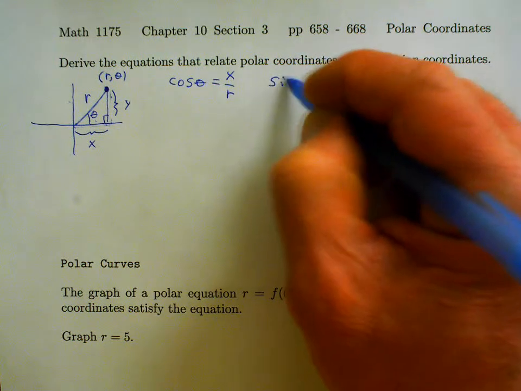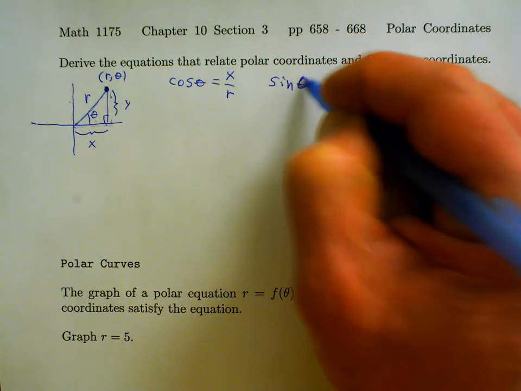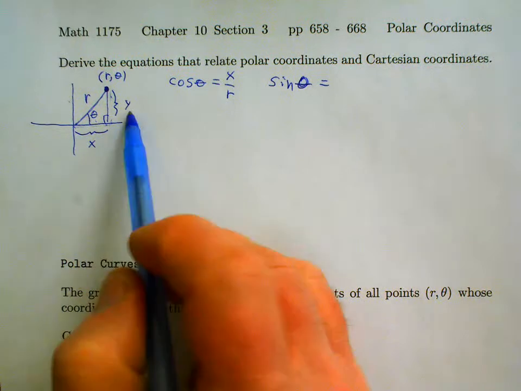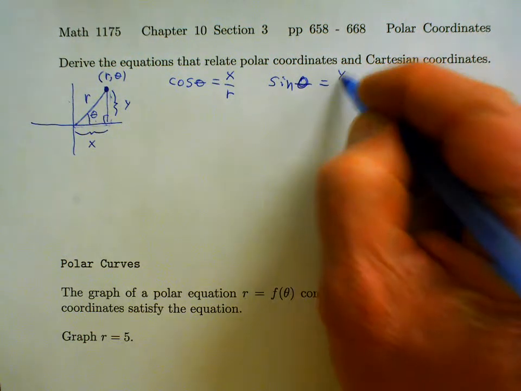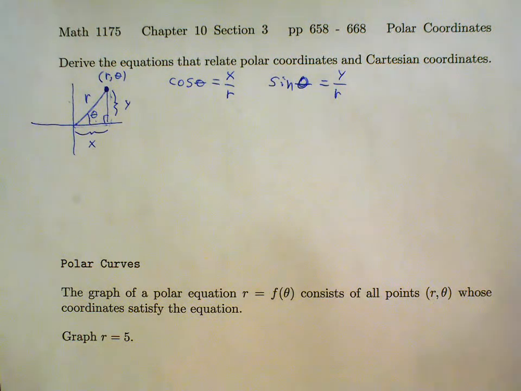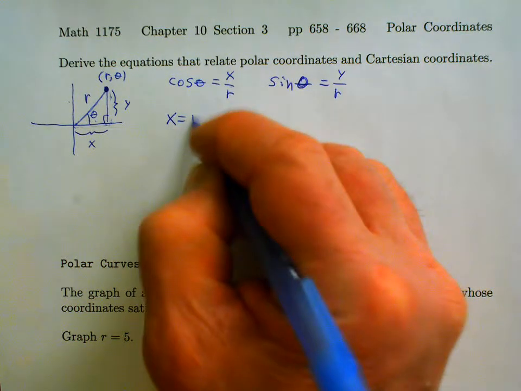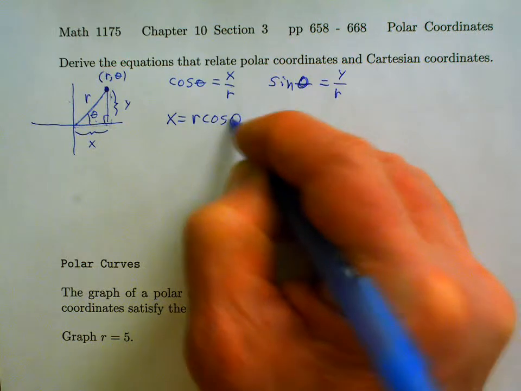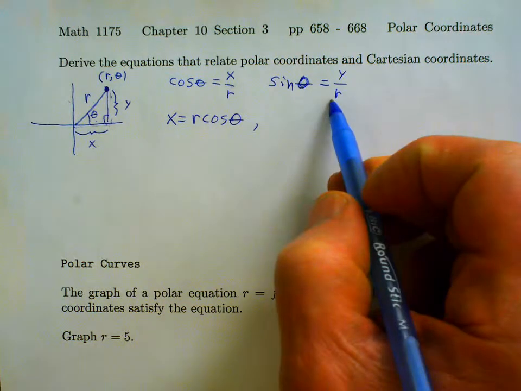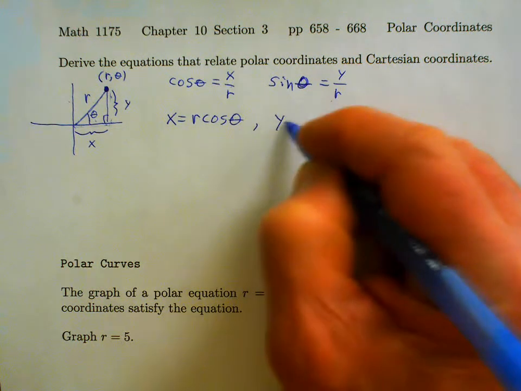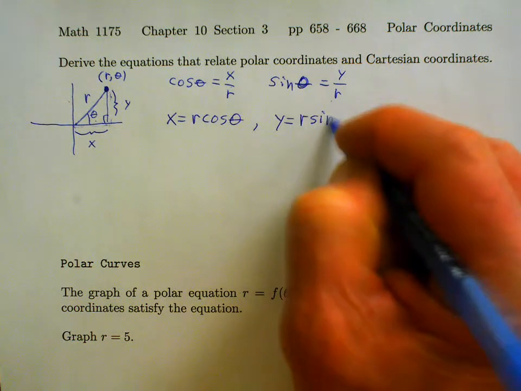And sine of theta is opposite over hypotenuse, y over r. So if we solve this for x, we get x equals r times cosine of theta. Solve this for y, we get y equals r times sine of theta.